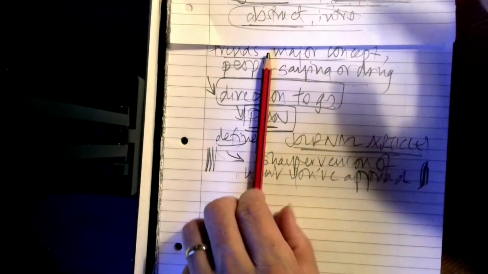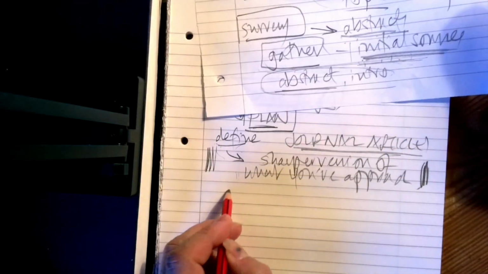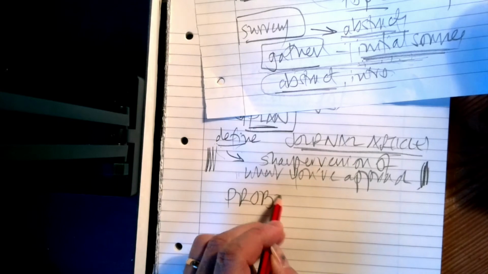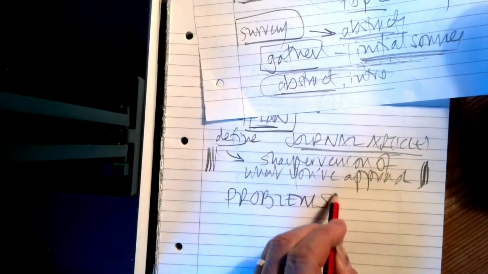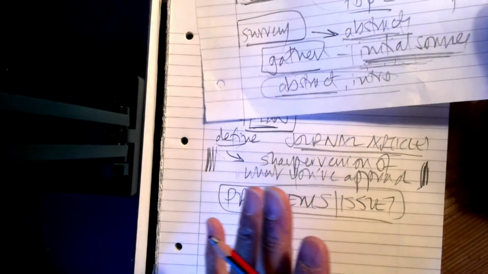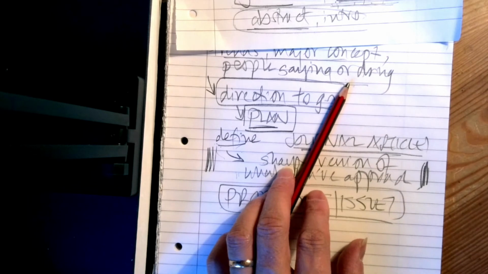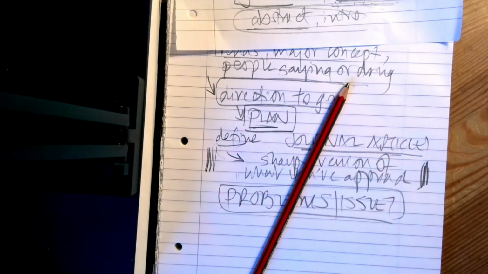So a good strategy when you're trying to survey this stuff is to look at problems and issues, and that often helps you focus on something within that territory. If it's a simple technology and all your literature review is going to lead you to is just describing how it's used, that's a poor quality literature review.